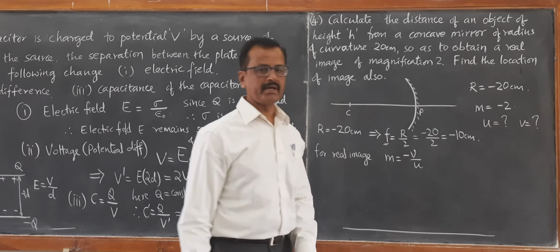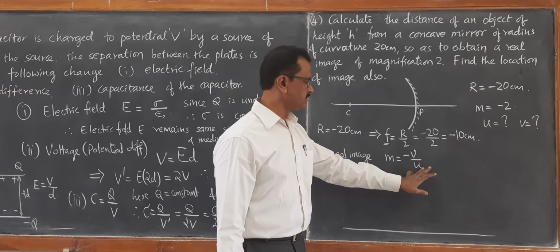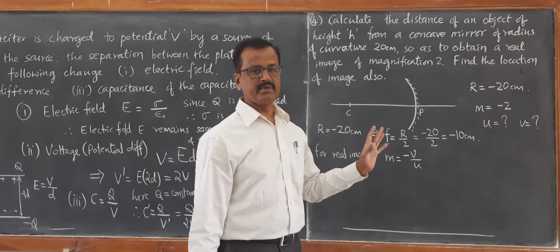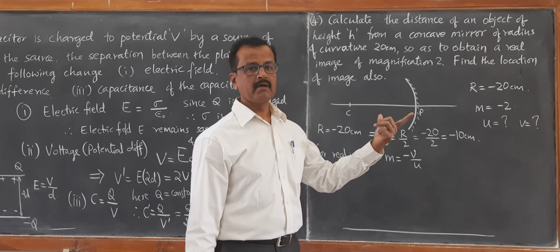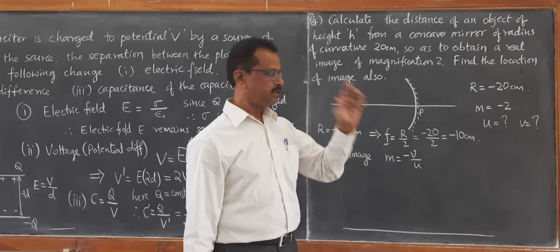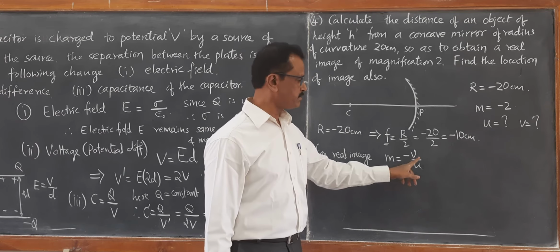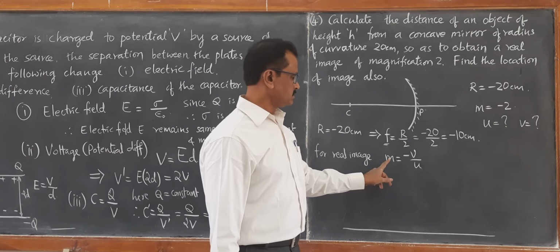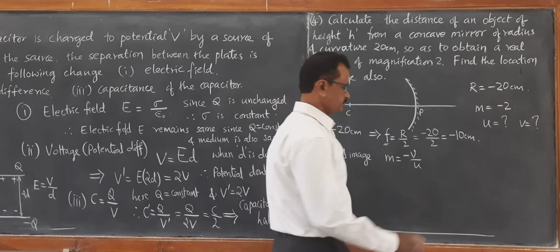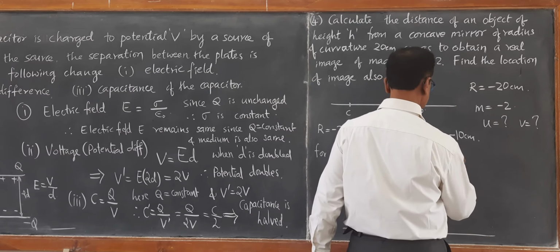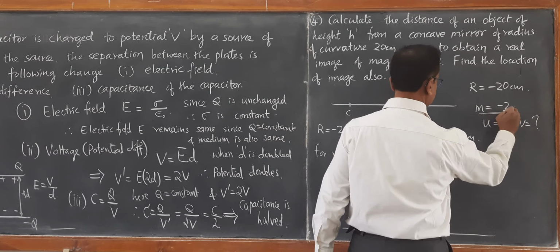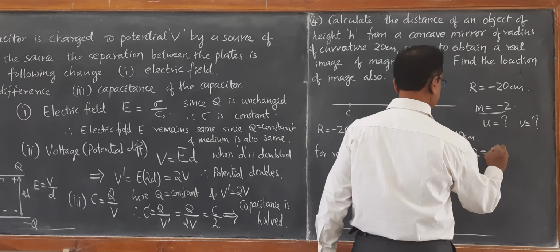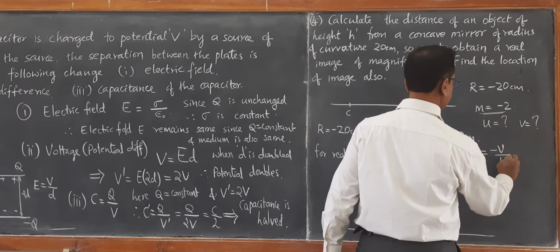You must be very particular about this sign convention. If it is plus v by u, then it forms a virtual image. When it is a real image, it is minus v by u. M is given, right? So M is minus 2. Therefore, minus 2 is equal to minus v by u.